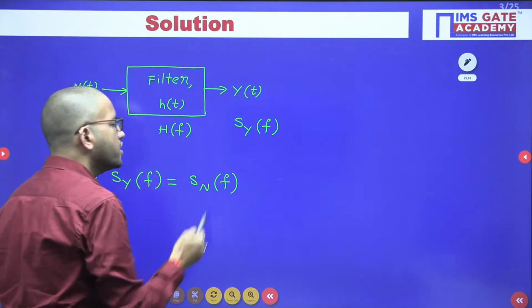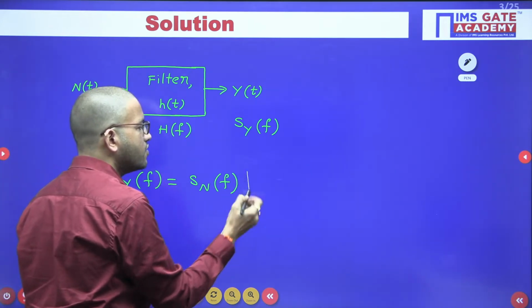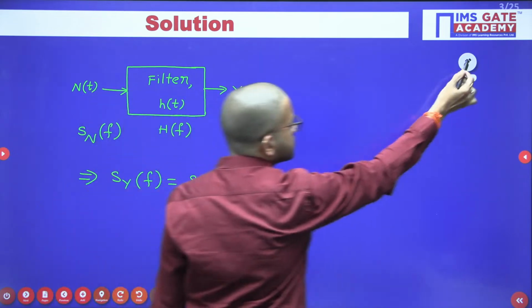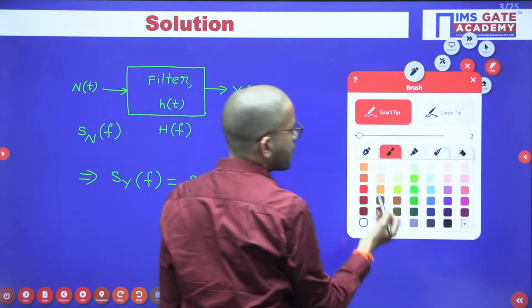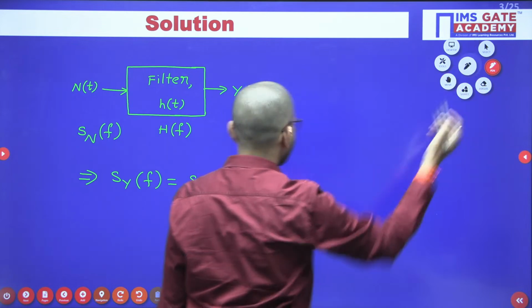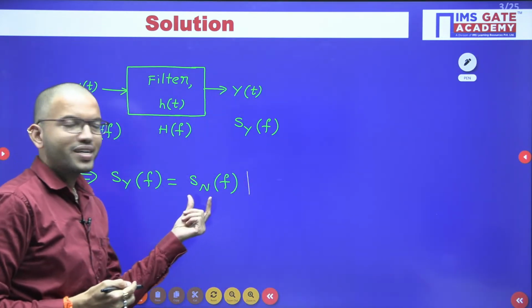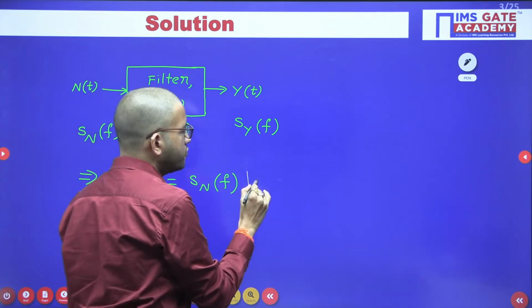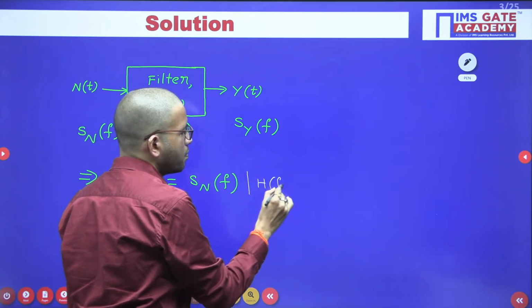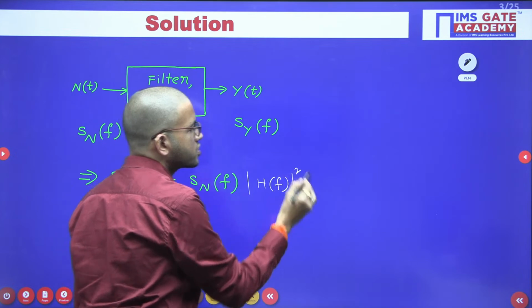So the formula is: output power spectral density equals input power spectral density into magnitude of H of f whole square.